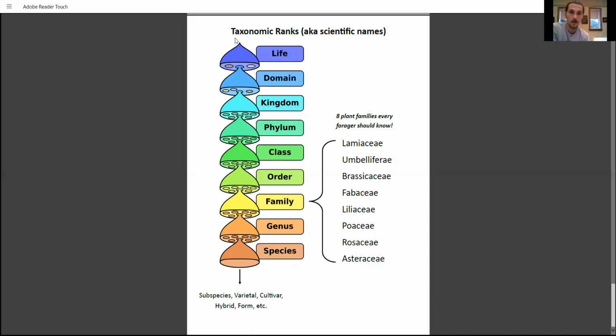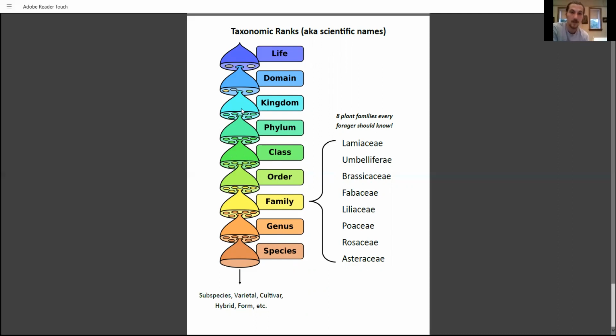And so even though all of these pods or whatever we want to call them are all the same size and shape, we can appreciate that life comprises all forms of life. And then we can go to a specific domain within that, and we can go to a specific kingdom within that, in our case, the plant kingdom.